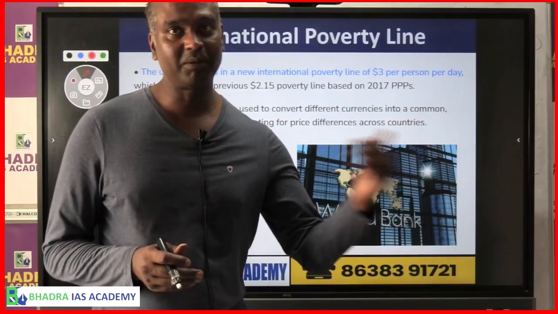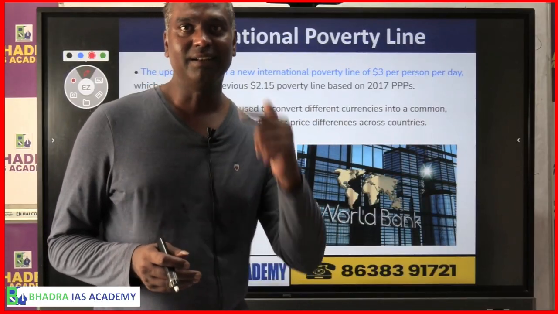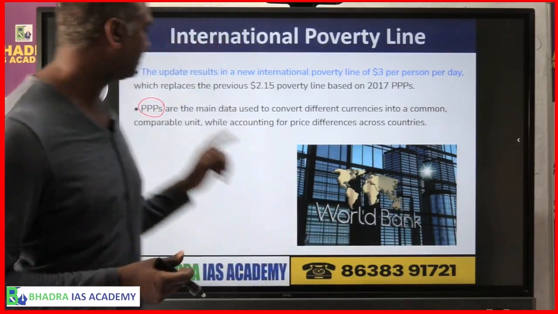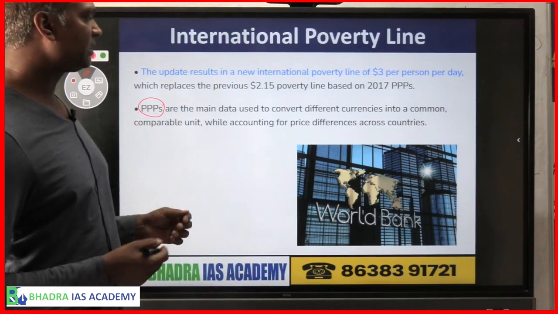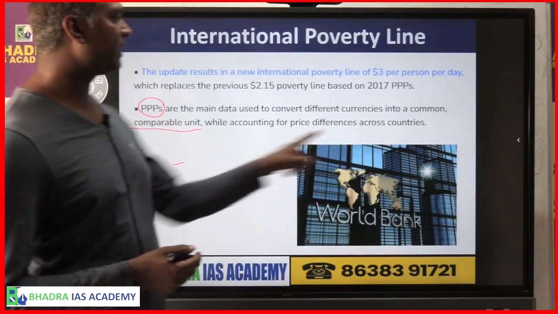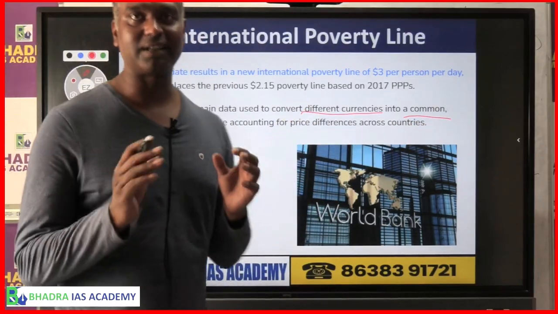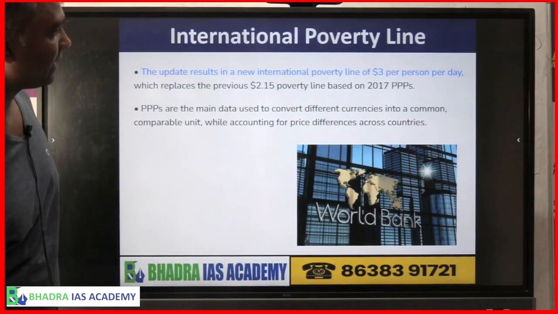Not the dollar का power in India, डॉलर का power in USA, रुपये का power in India. Based on the purchasing power, we create the purchasing power parity. So this basically creates a common comparable unit of the different countries का currency. That is called PPP, purchasing power parity.